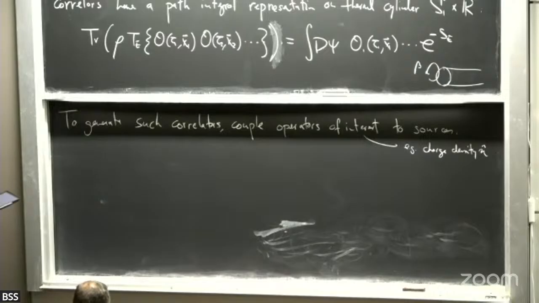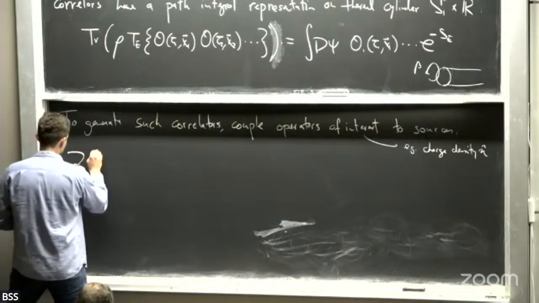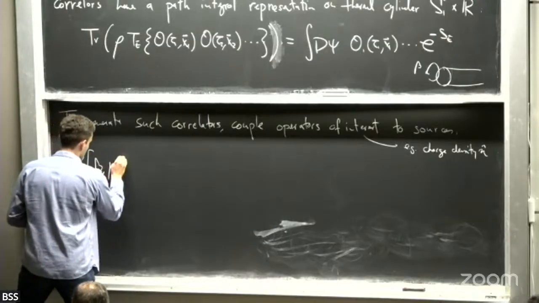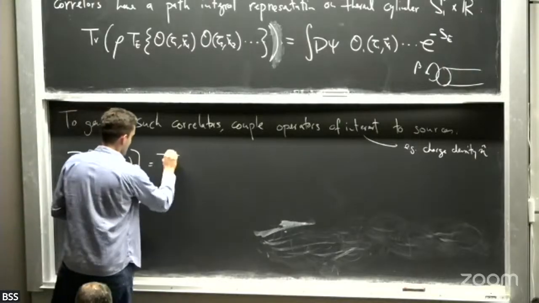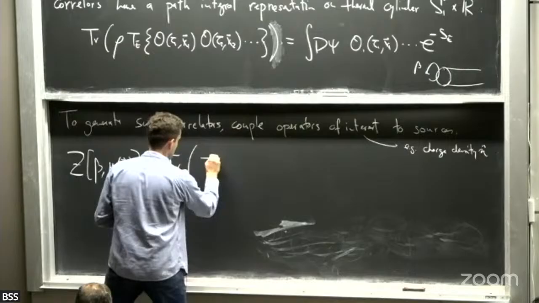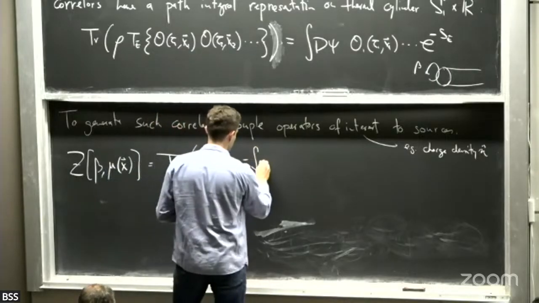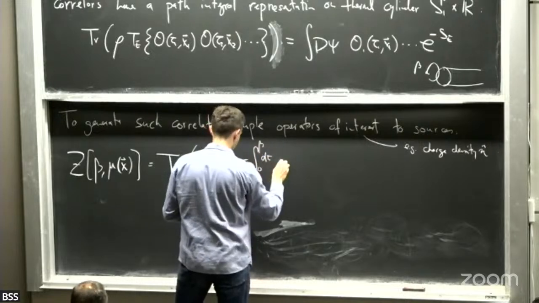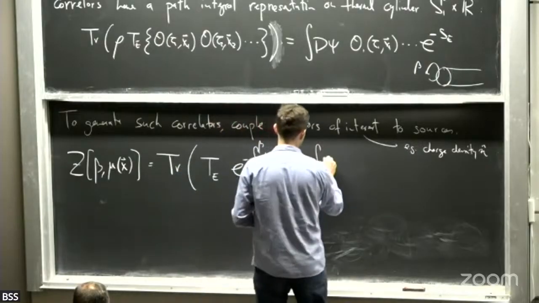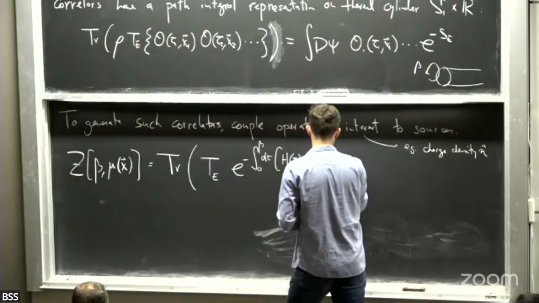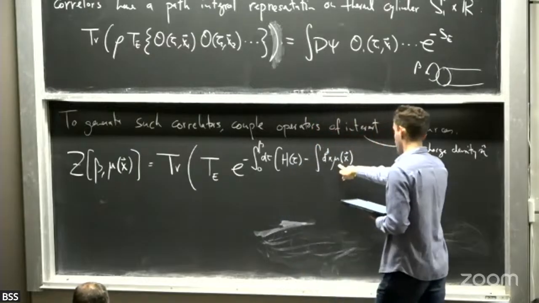Okay, so let's generate correlation functions. We're going to consider a generating functional, with the source that couples to charge density being mu, the chemical potential, and I'll consider the following object. I'm only going to consider time-independent chemical potentials.